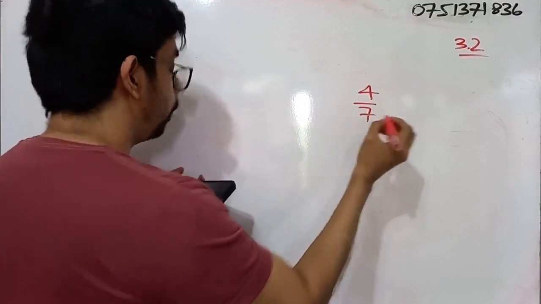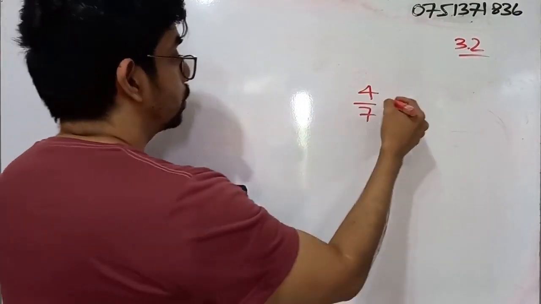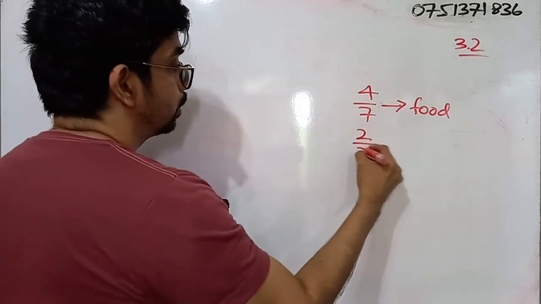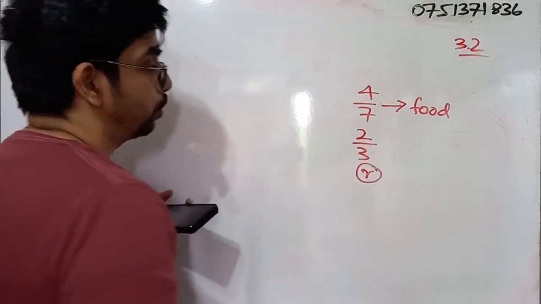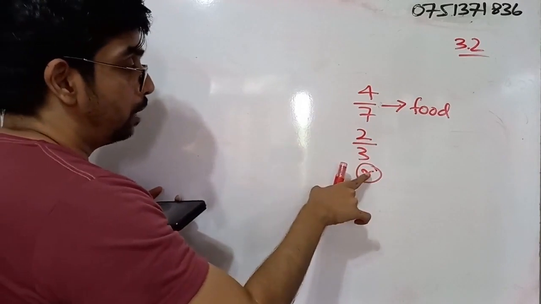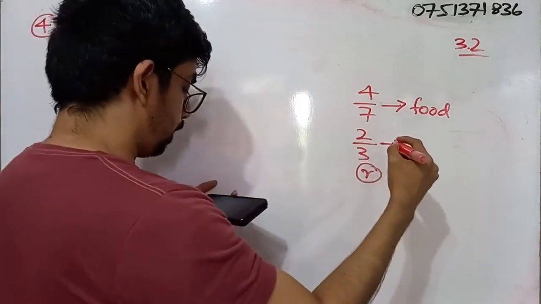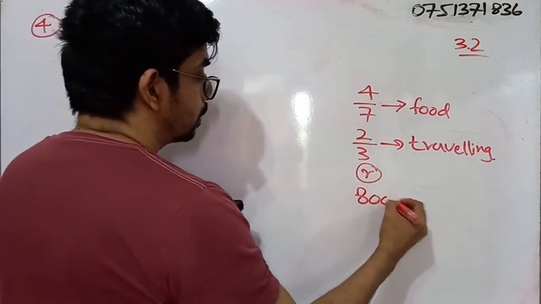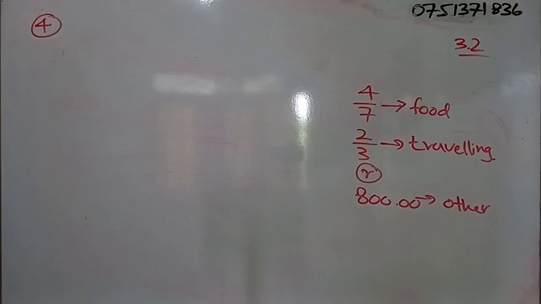So 4 sevens. So this much was spent for food. Then 2/3 of the remaining amount, I'll simply put an R, of the remaining amount, 2/3 was spent on what? Traveling. And 800 rupees, other expenses. Find how much Anil spent in total on the trip.